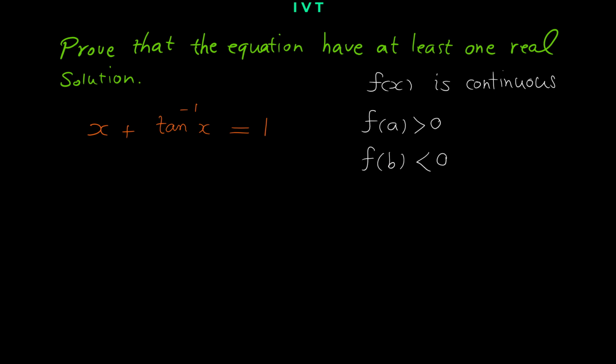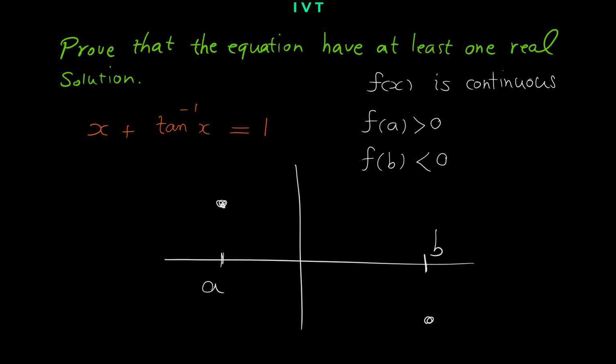Then, because the function is positive, let's say at point A, and negative at point B, definitely, based on the intermediate value theorem, somewhere it crosses the x-axis, and this means that the equation has a real solution.